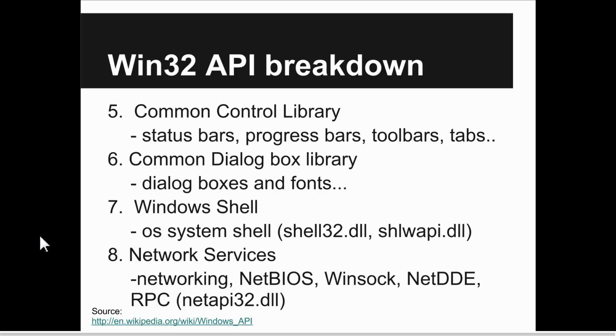Kind of dialog boxes. Then there's Windows Shell functionality, which handles the operating system shell, and that's handled in those DLLs, Shell32 and ShellWAPI. And then there's finally network services for handling all sorts of things, and that's predominantly Netapi32.